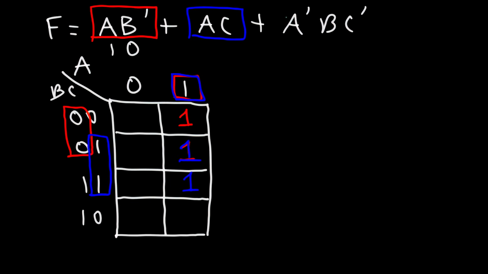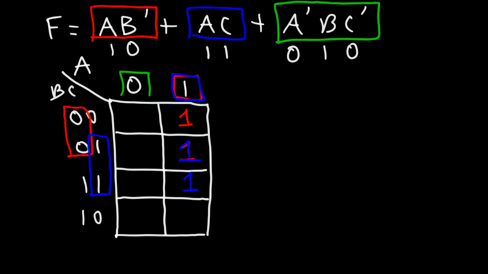Now for the next one, we have A prime, B, C prime. For A prime, we're going to write 0. For B, we're going to put 1. For C prime, we're going to write 0. So A is 0 in the first column, and B is 1 here, and C is 0 here.